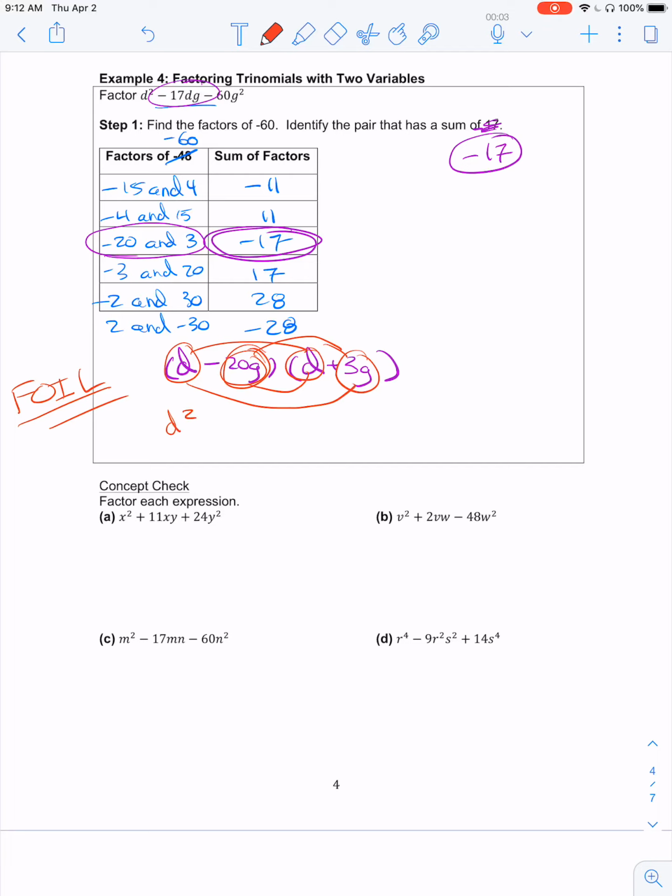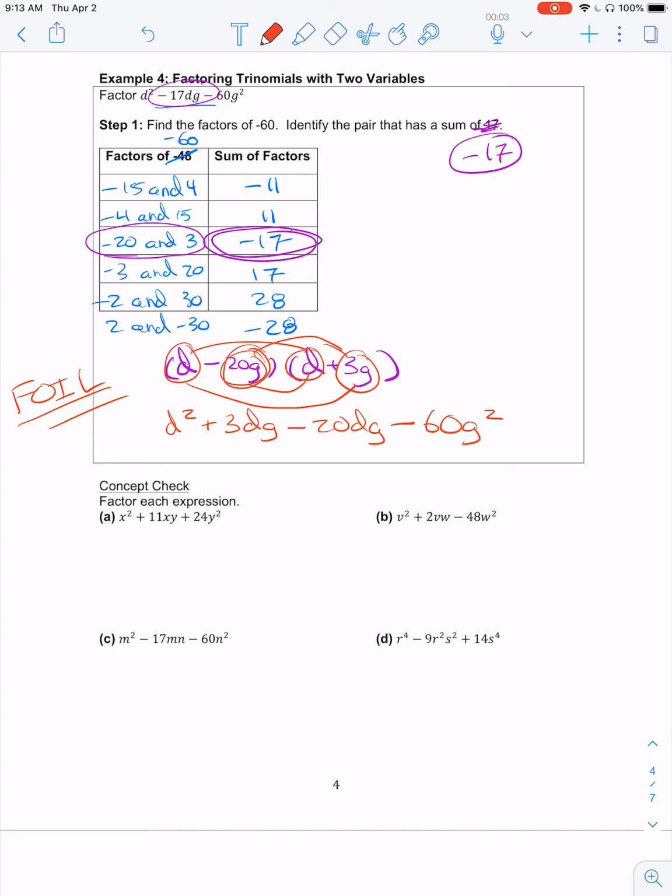And then the outer terms, plus 3dg. The inner terms, so you're going to get minus 20dg, and then the last two terms, minus 60g squared.